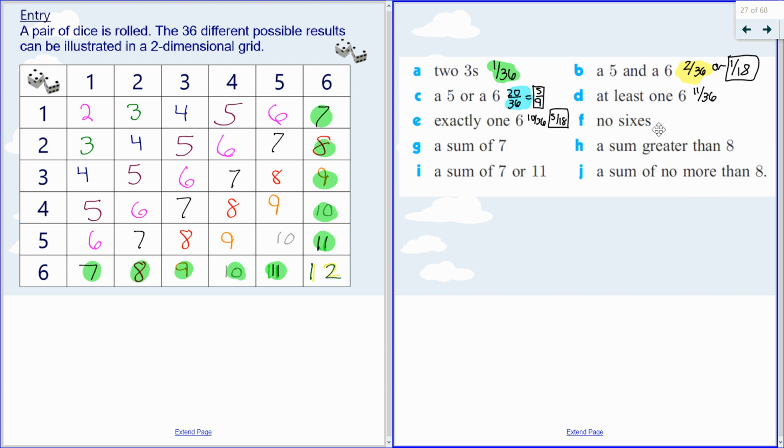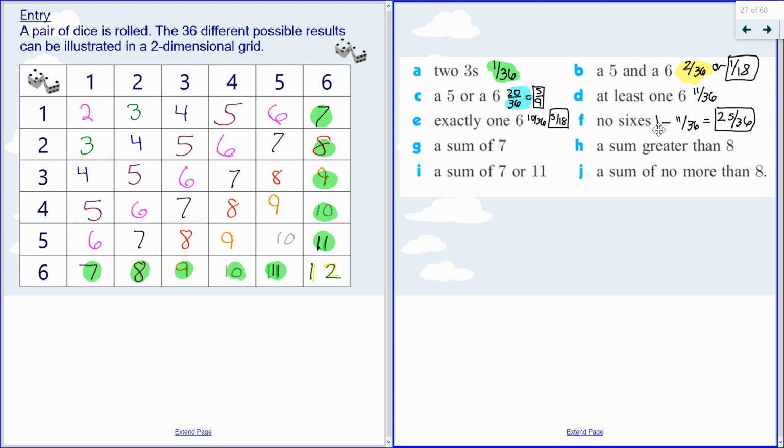So I can just use complement. It is 1 minus at least 1 six, because the opposite of no sixes is at least 1 six. So I can just subtract those and I would get 25 out of 36.